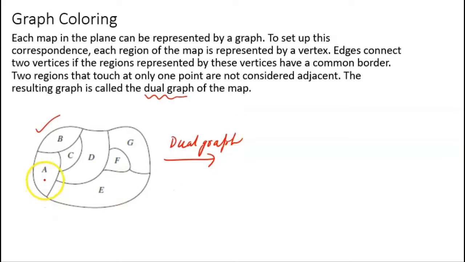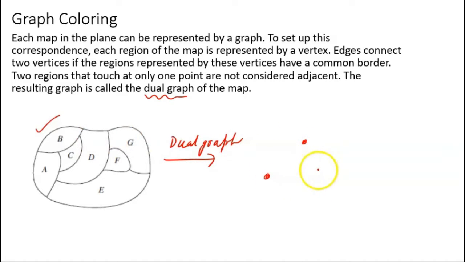They are suggesting that there are different regions in the map like A, B, C, D, E, F and G. So for each region, I am going to take one vertex. We have the region A, so I am going to take a vertex A here. We have the region B, so I take the vertex B here.